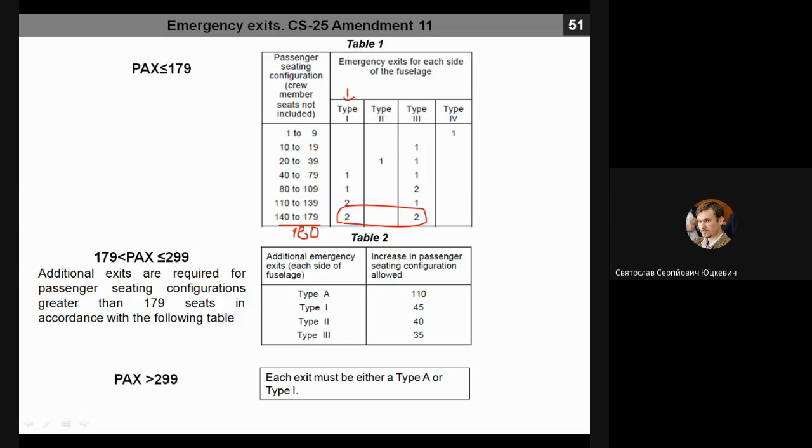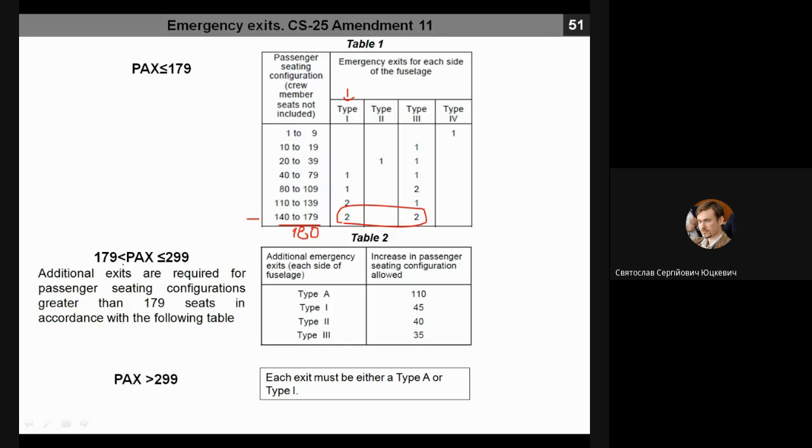It will be bigger than type 1 emergency exit. So they said that they could use this requirement type 1 in forward and aft part of the fuselage, and the type 3 in the mid fuselage for 180 passengers, due to the increasing of the type 1 size door.